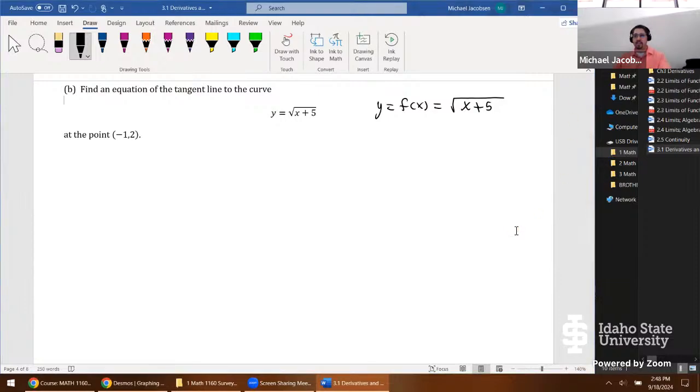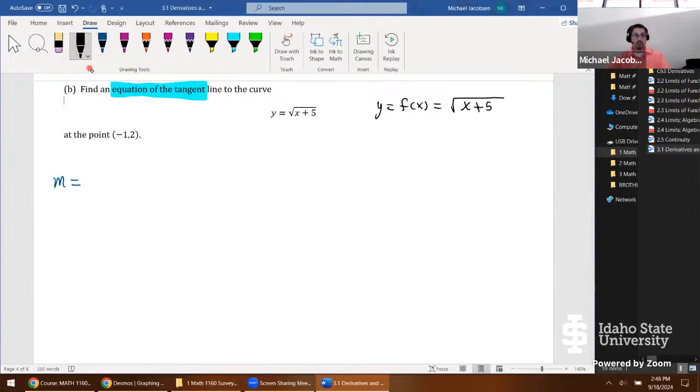But really the very first step that I encourage you to take, essentially each and every time you do this problem, is write down the formula for the definition of the derivative. It goes like this. If we want the equation of the tangent line, the very first and most important thing we really want is the slope m.